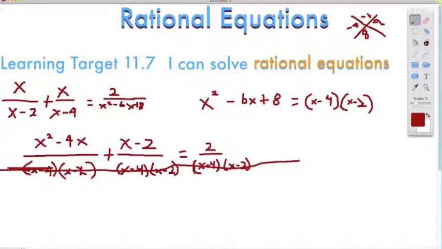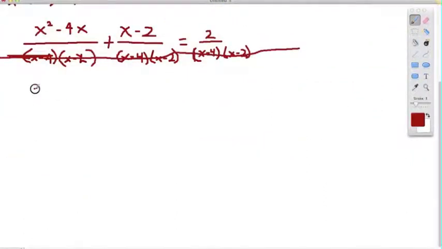Giving us this: x squared minus 4x plus x minus 2 equals 2. Okay? So now what do we do?